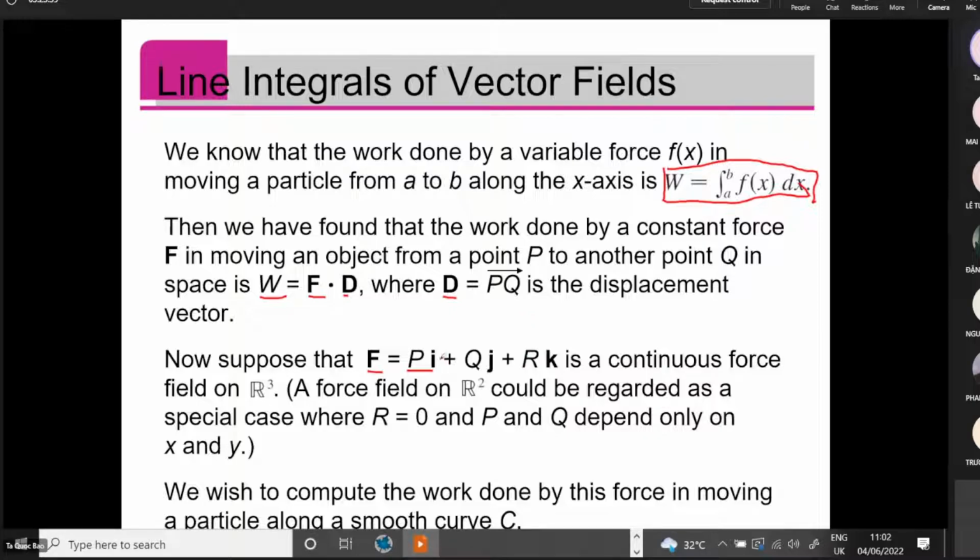Okay, this notation is different from the previous notation. P is a function, Q is a function.